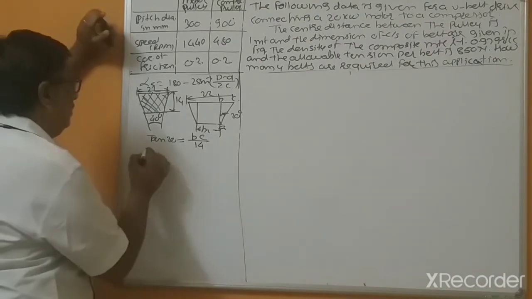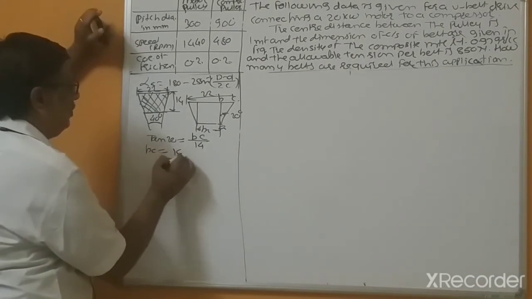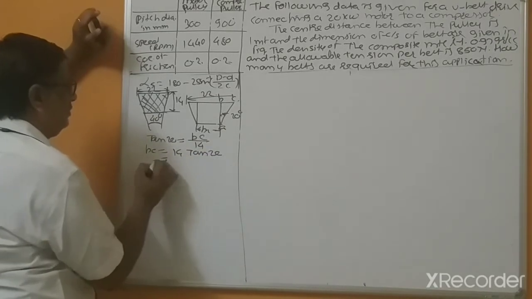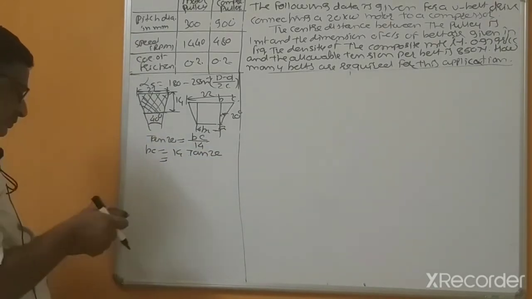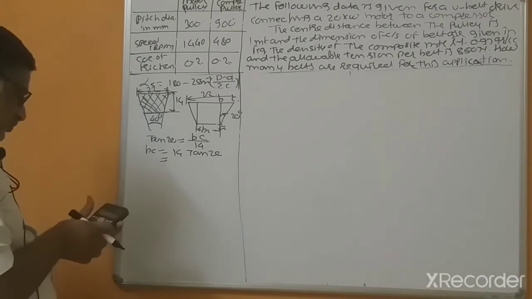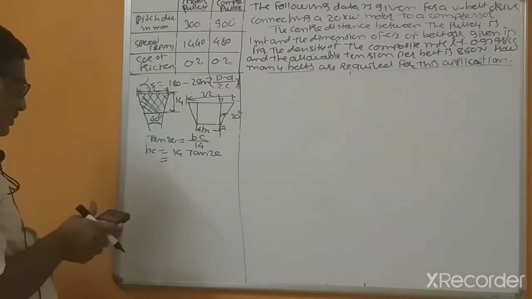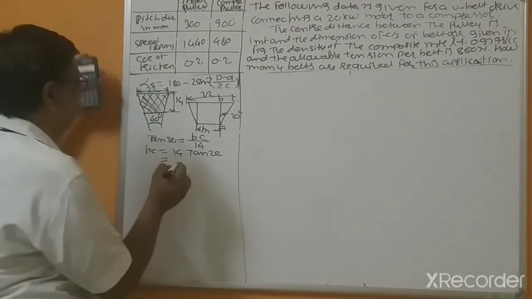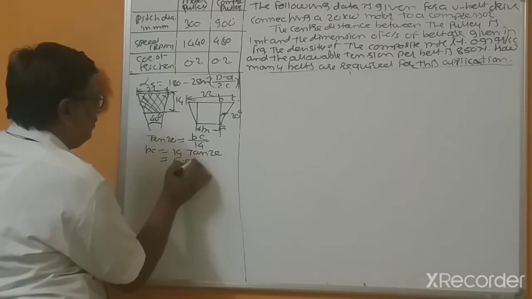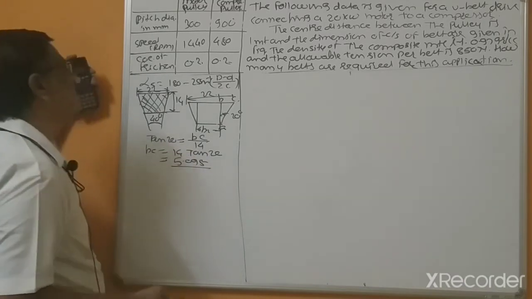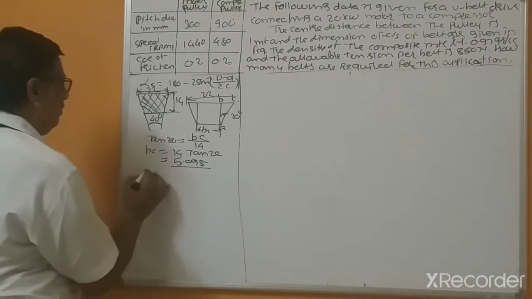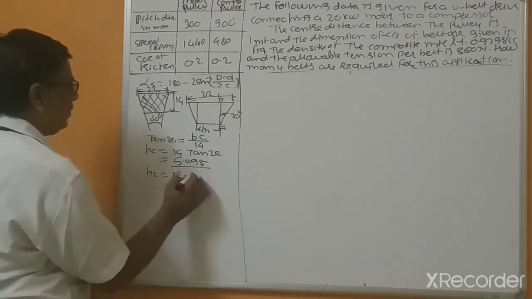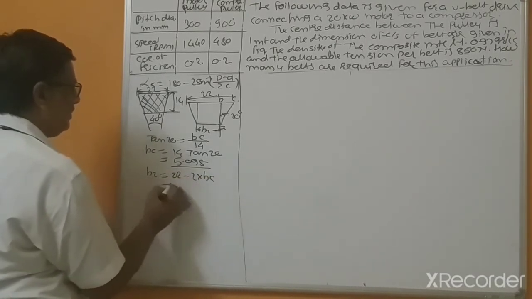Alright, BC equal to 14 into tan 20, equal to 5.095. BC equal to 5.095.